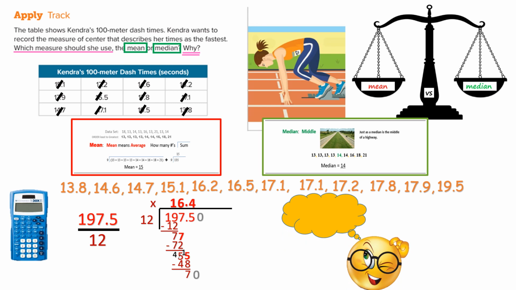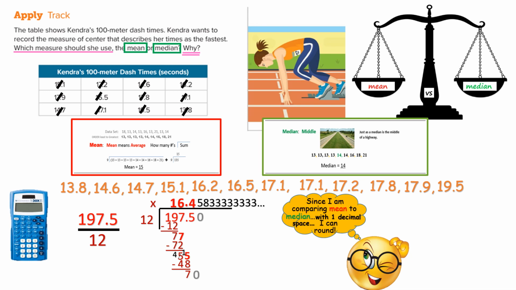Now, how long am I going to go out? When I start thinking about what I'm going to be comparing, I'm comparing the mean to the median. And notice that in all of the medians, we have some similarities. If I'm comparing the mean and the median, and all of my medians are 1 decimal space, then all I need to do is go out 2 decimal spaces as I'm dividing my mean, and then I can round.